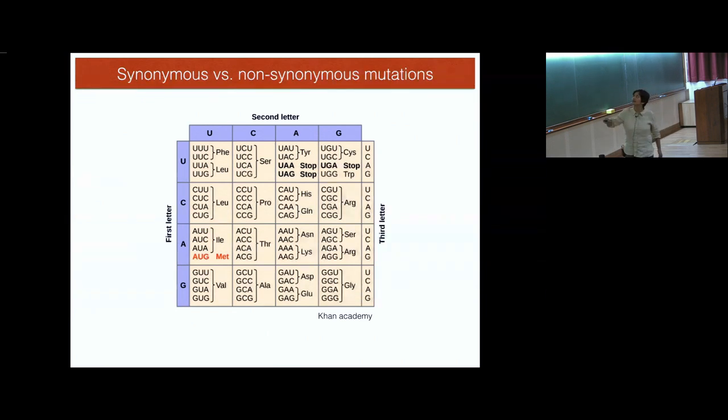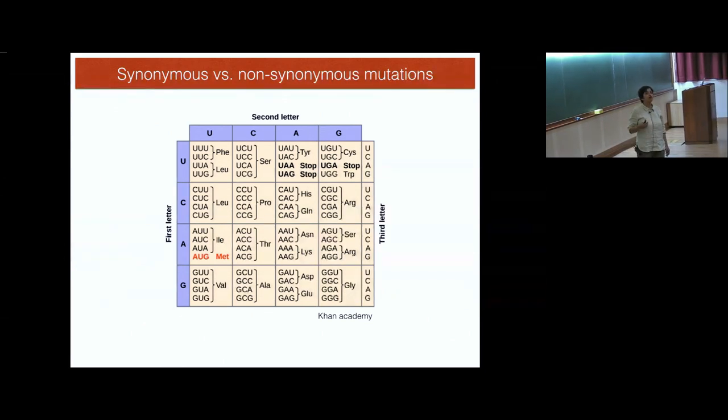So mutations that flip between UUU and UUC, so basically a mutation at that last position here, should be what are called synonymous mutations, which means the meaning does not change, right? Because they're both coding for phenylalanine. However, if you now get a UUU to UUA mutation, you now have a change in the amino acid, right? So that would be a non-synonymous mutation. Everybody good with this? All right.